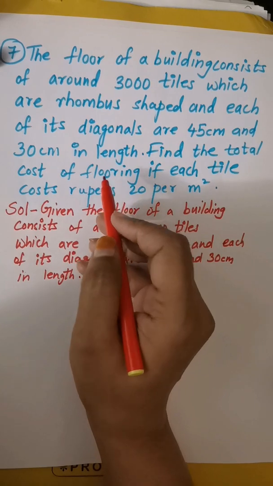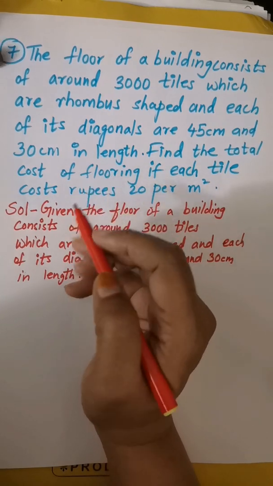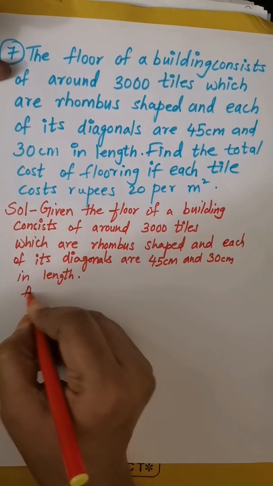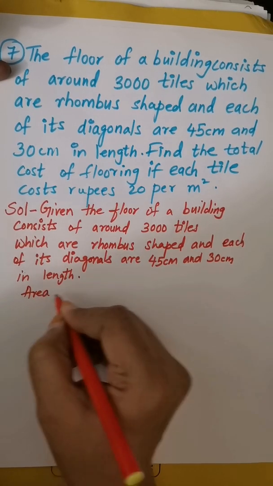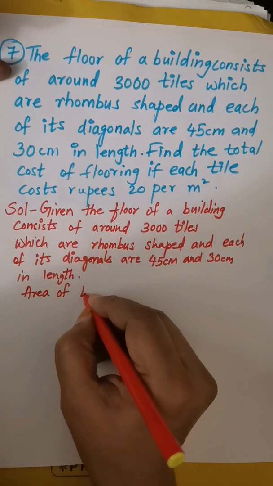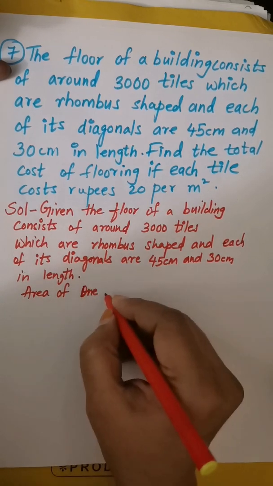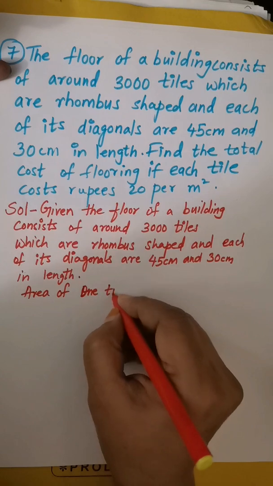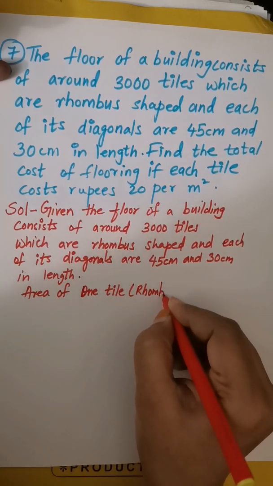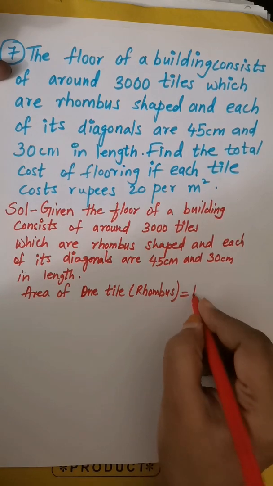So first of all we have to find the area of the floor. To find the area of a floor, first of all we will find the area of one tile which is in the shape of a rhombus. What is the formula?